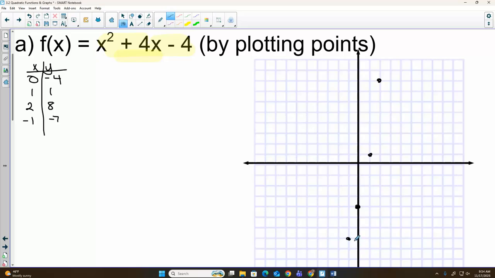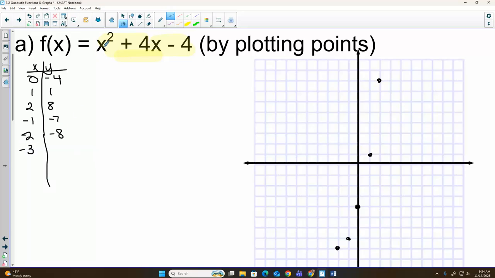All right, we already know this should look like a parabola. Does it look like a parabola yet? No, we need more points. If I put in negative 2, negative 2 squared is 4 minus 8 minus 4 gives me negative 8. Okay, I don't really have a parabola until it bounces back and starts going the other direction. So we need more.